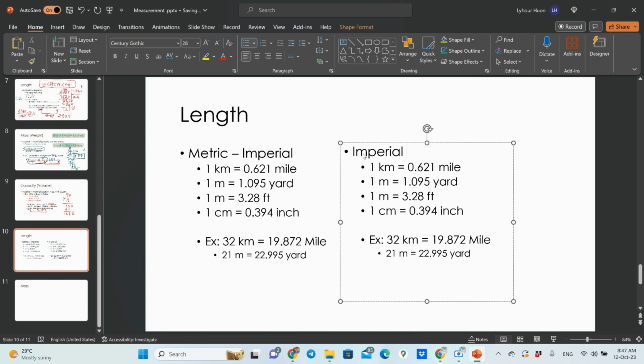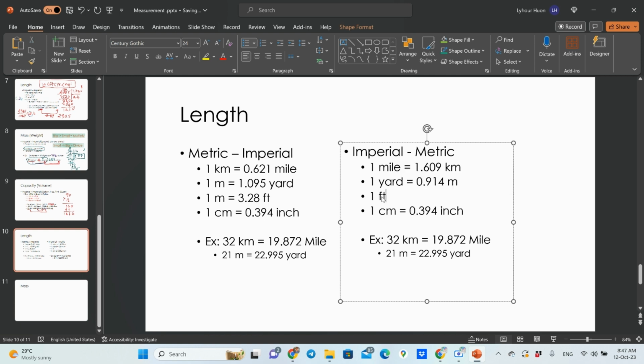So I will just write it for you so that when you want to convert, just check it and convert by multiplication. One mile equals 1.609 kilometers. And 1 yard is equal to 0.914 meter.